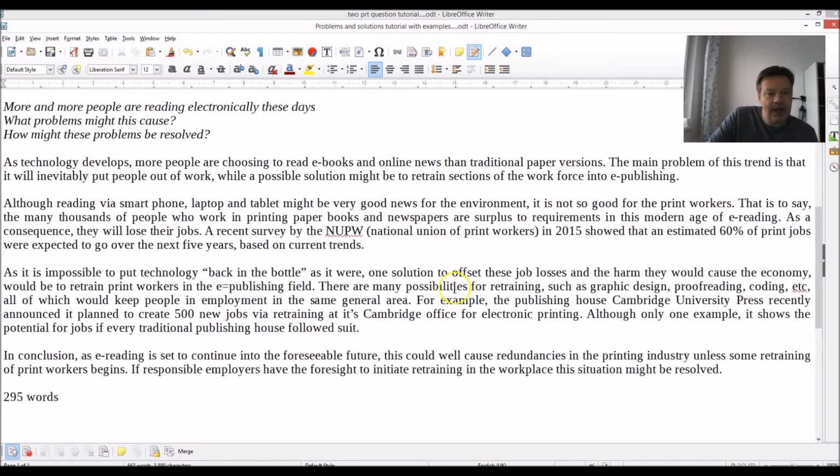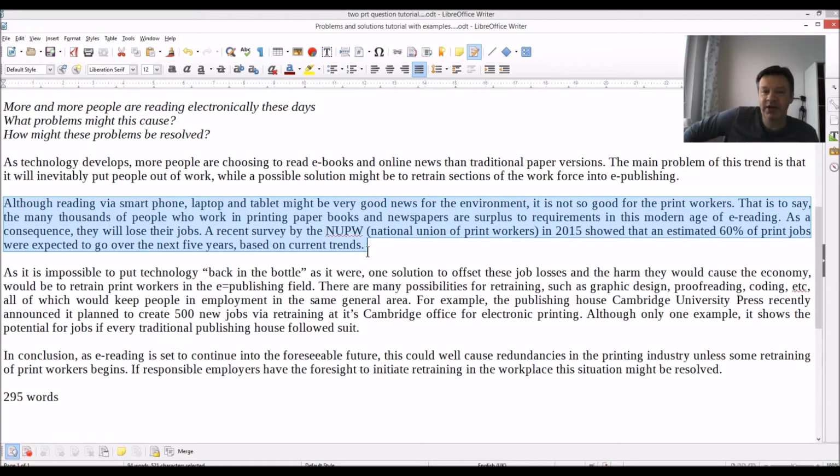Let's take a look. Paragraph 2 is what's the problem? We need to expand it. So, although reading via smartphone, laptop and tablet might be good news to the environment, it's not so good for the print workers. Now we need to explain it. That is to say, the many thousands of people who work in printing paper books are surplus to requirements.